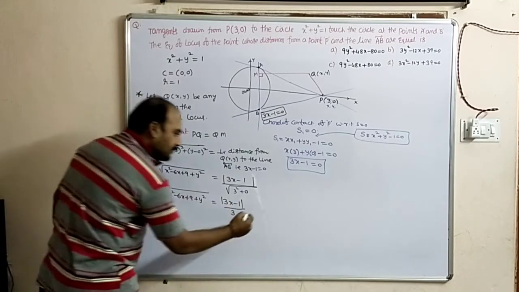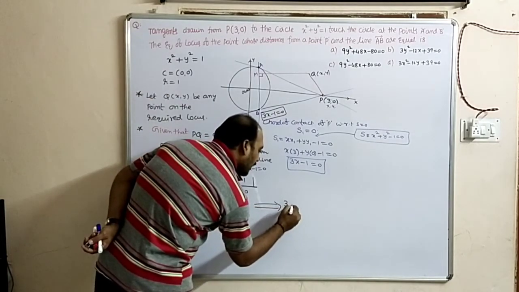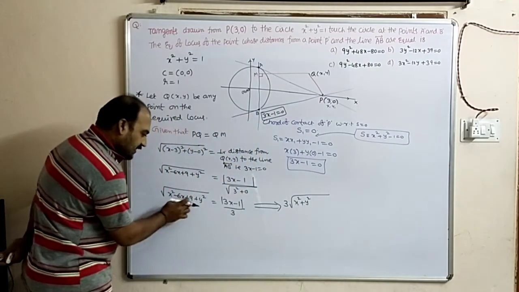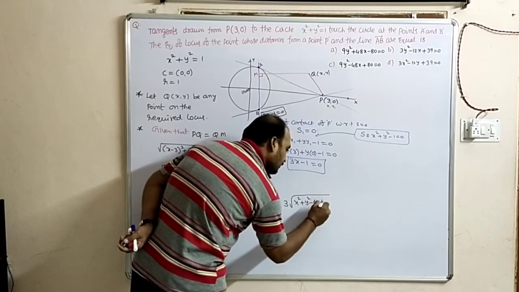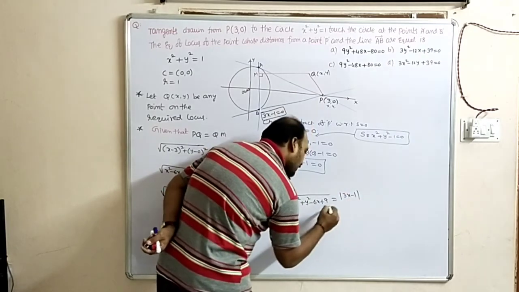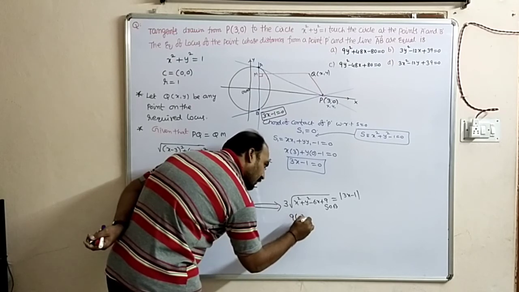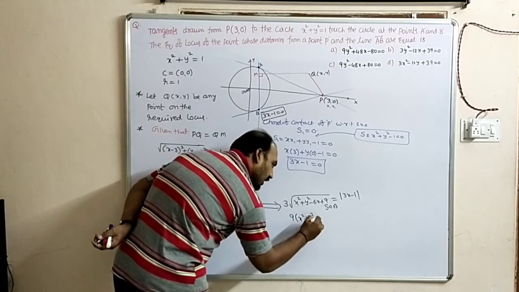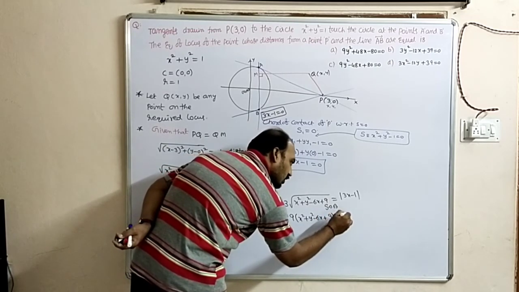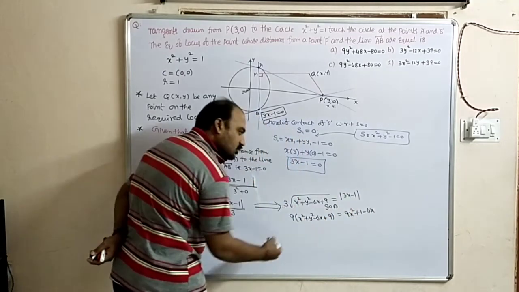Cross multiply. 3 into the square root of x squared plus y squared minus 6x plus 9 is equal to modulus of 3x minus 1. Squaring on both sides, 9 into (x squared plus y squared minus 6x plus 9) is equal to, directly I am writing, 9x squared plus 1 minus 6x. These values we can take to the other side.